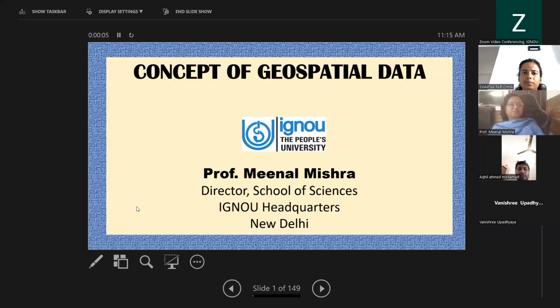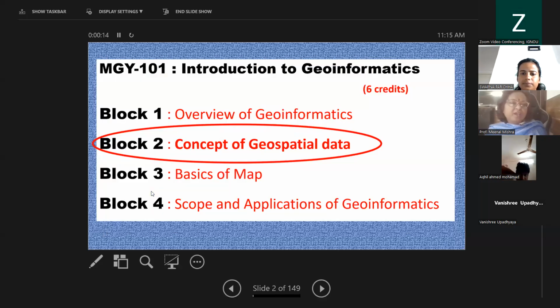So this is the second block of the first course, concept of geospatial data, which we will be discussing today. As you had one session yesterday with Professor Deshmukh, you have already known about the overview of geoinformatics, and this particular course, Introduction to Geoinformatics, unlike other courses in the first semester, is of 6 credits.